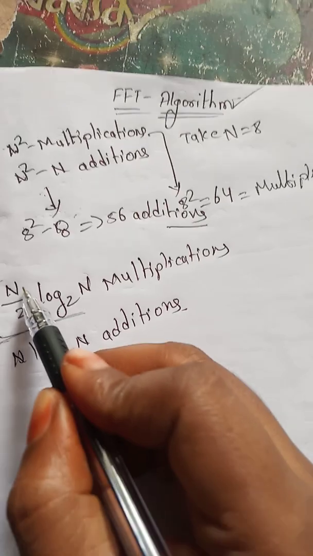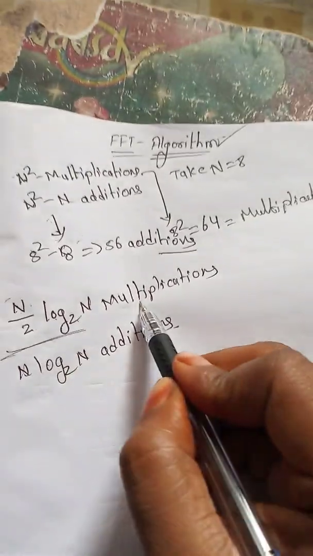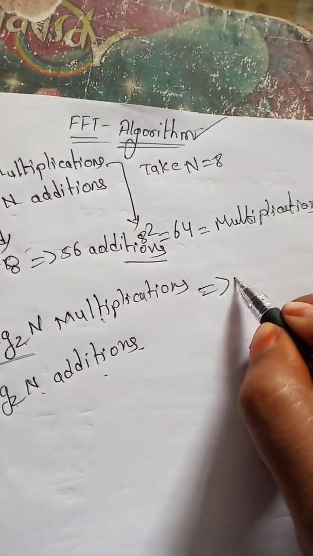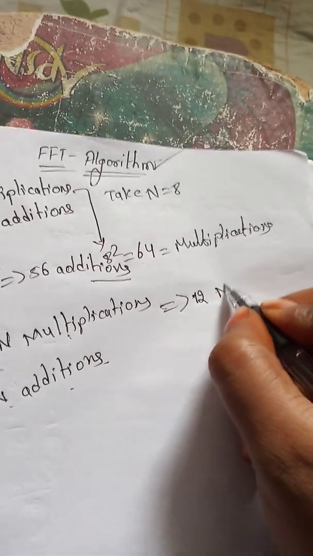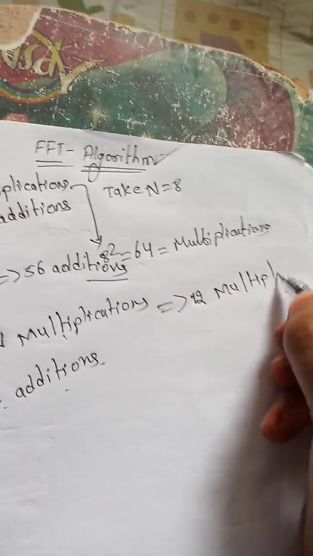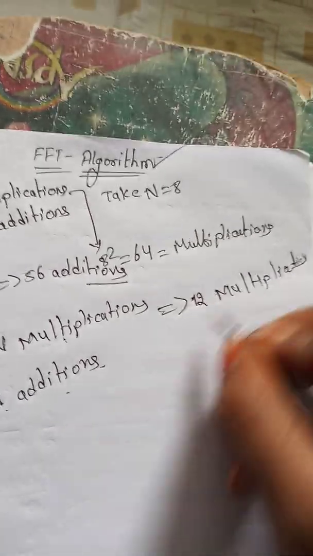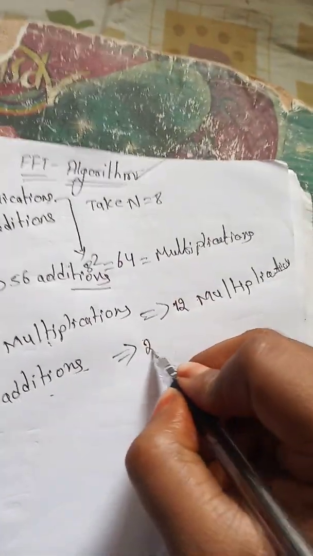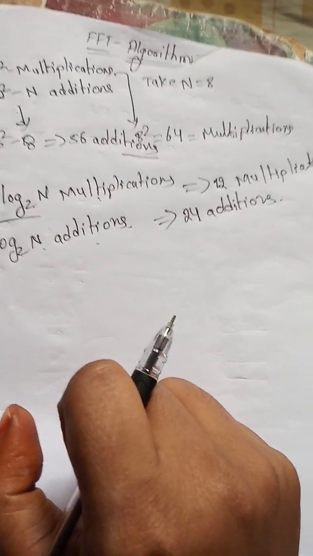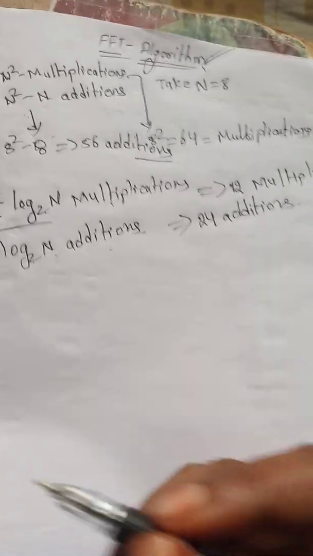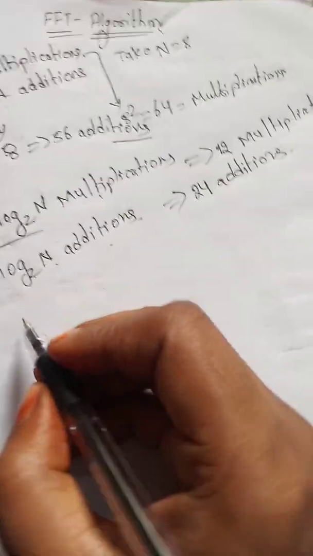So that is nothing but 12 multiplications and 24 additions are required to find the DFT sequence for the discrete time signals by using the FFT algorithm.